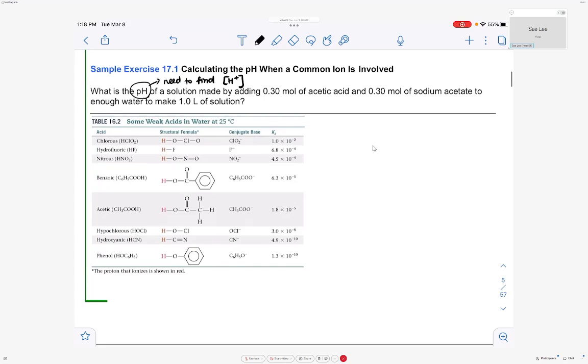I'm going to start by writing an equilibrium reaction of the acetic acid.